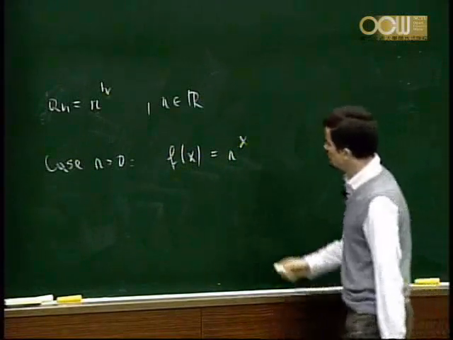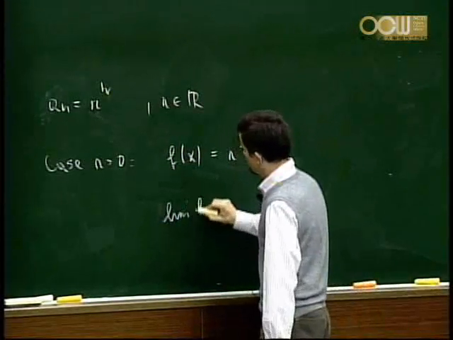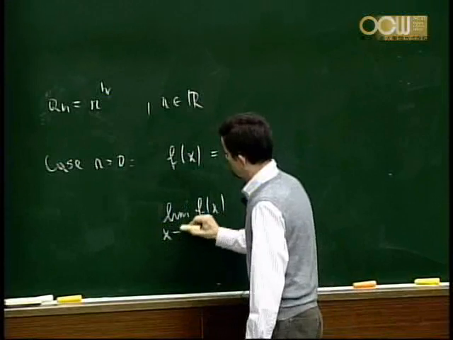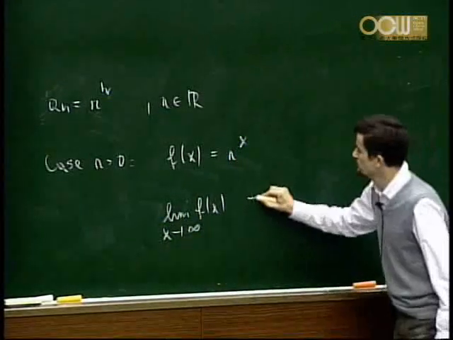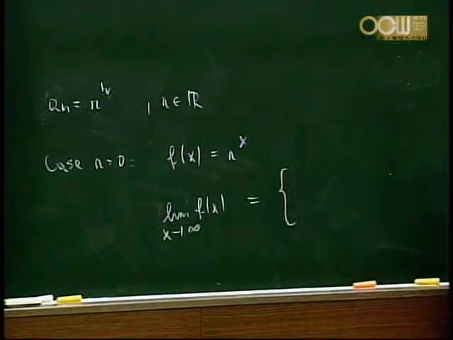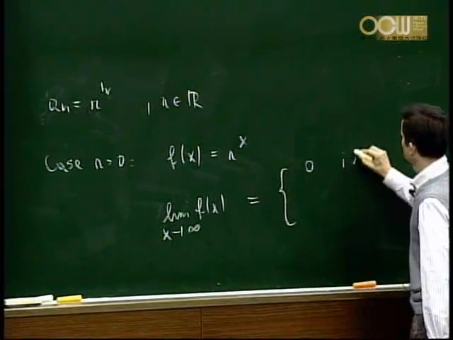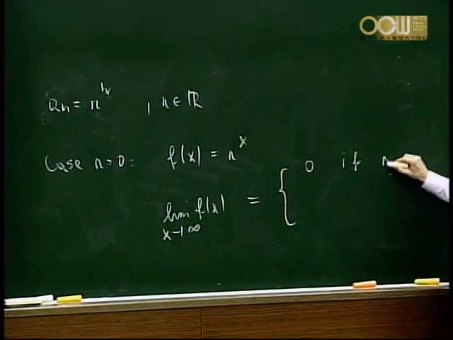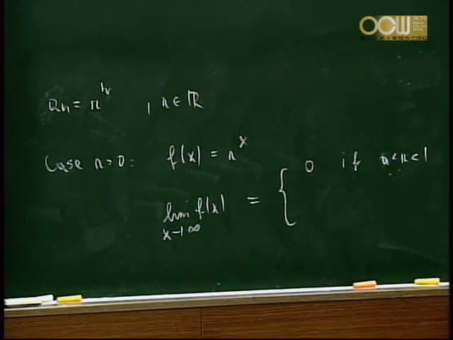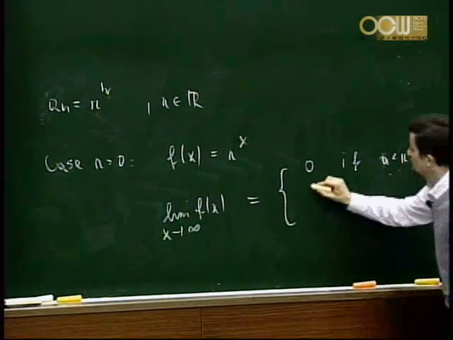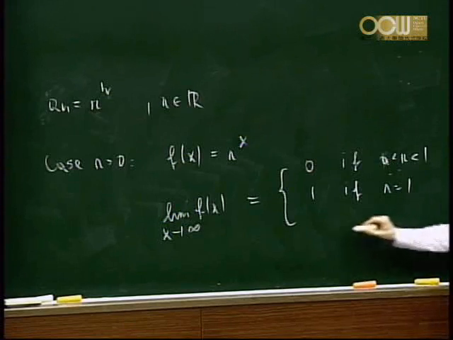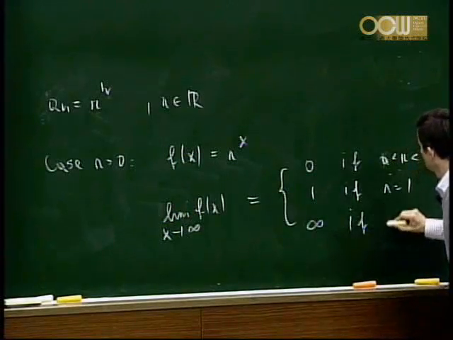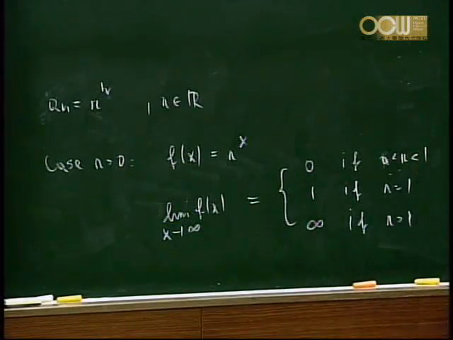Now, you see that the limit of f of x as x tends to infinity is equal to 0 if r is larger than 0 and smaller than 1, then 1 if r is equal to 1, and infinity if r is larger than 1.